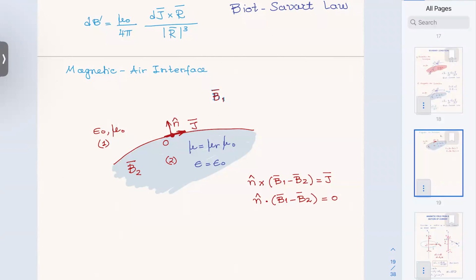So I'm only reading this mathematical expression, while the dot product between N and the difference between B1 and B2 equals 0. What does those mean?